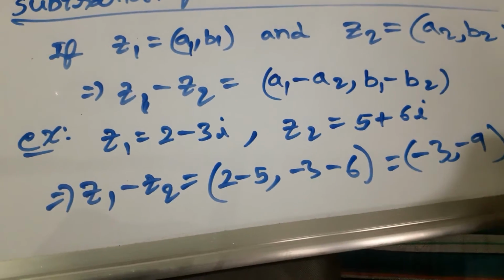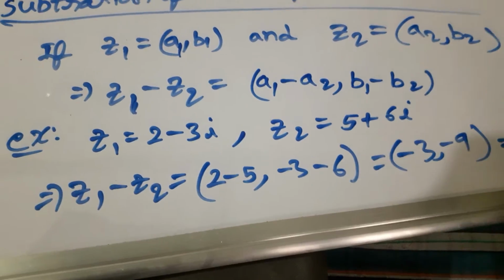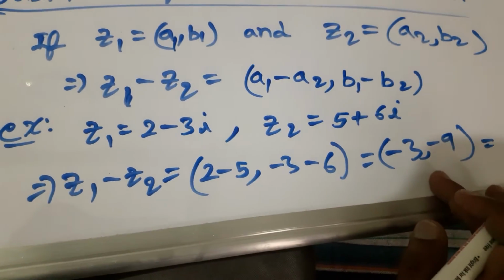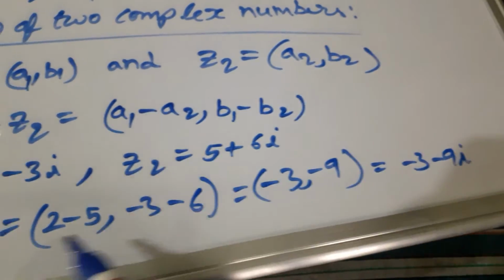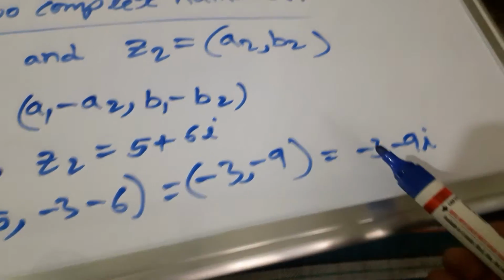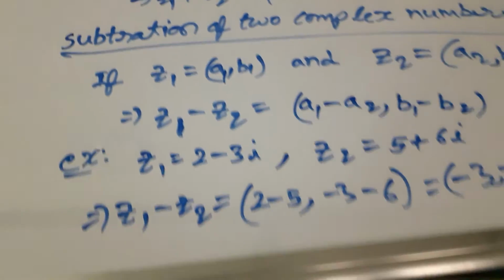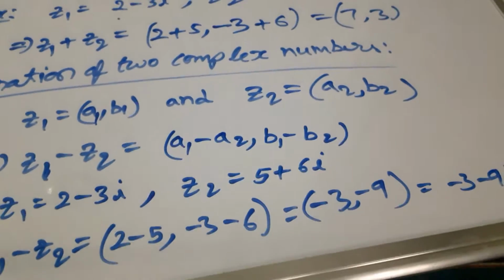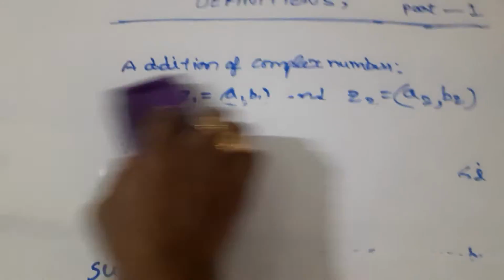If you want to write in general form, minus 3 minus 9i. This is general form, this is ordered pair form. Okay, this is z1 minus z2. We can write this answer. This is subtraction. Okay, next let us see multiplication of two complex numbers.